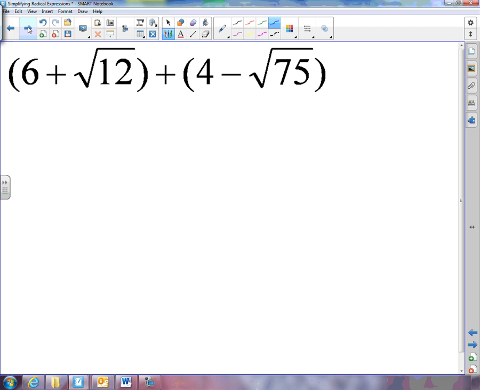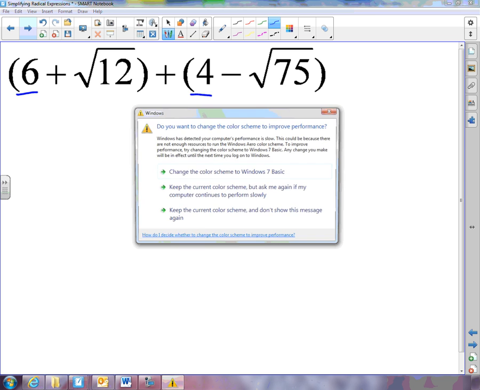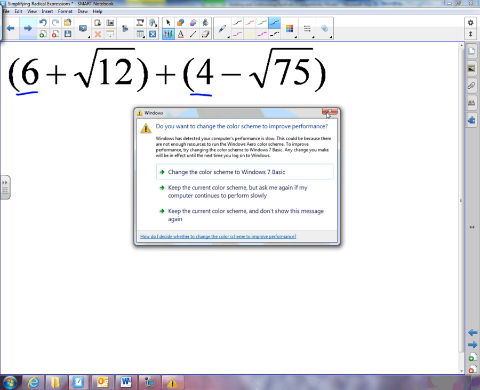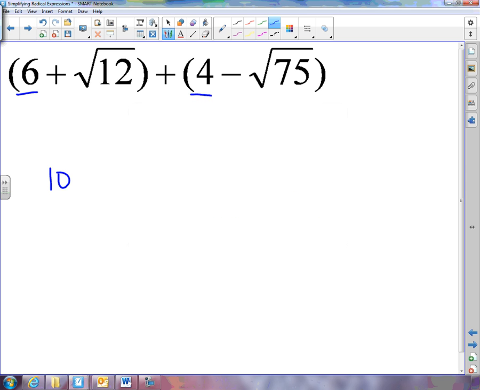So here I have 2 expressions where some of the parts are just regular integers and some are square roots. So I know that I can combine this 6 and this 4. So I have 10 plus root 12 minus root 75.